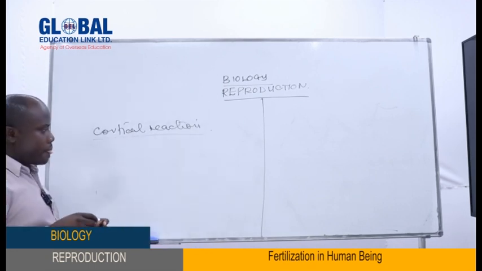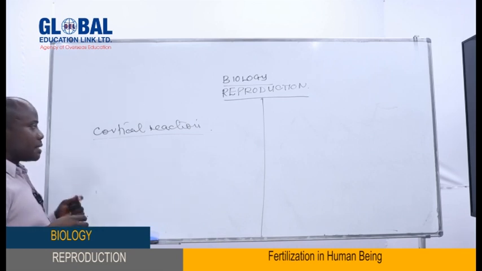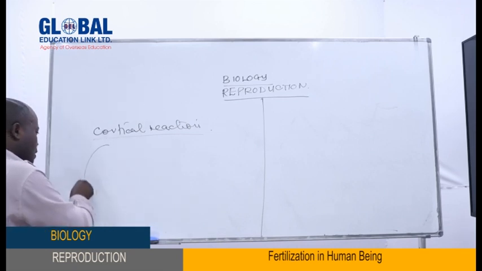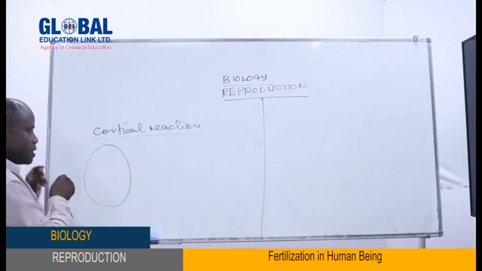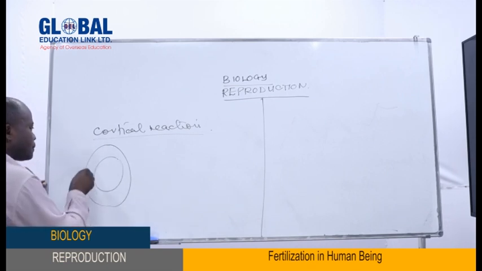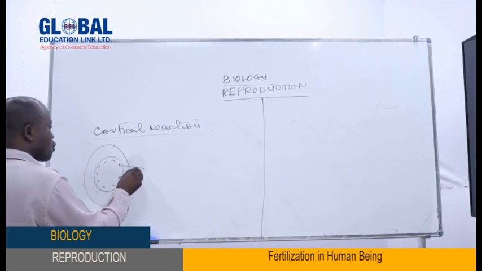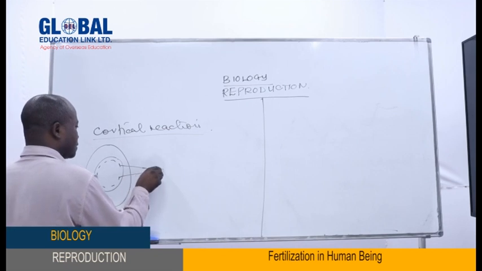If you remember, during my presentation at the beginning, I drew a sketch showing a female reproductive cell. Behind the plasma membrane, there were cortical granules.